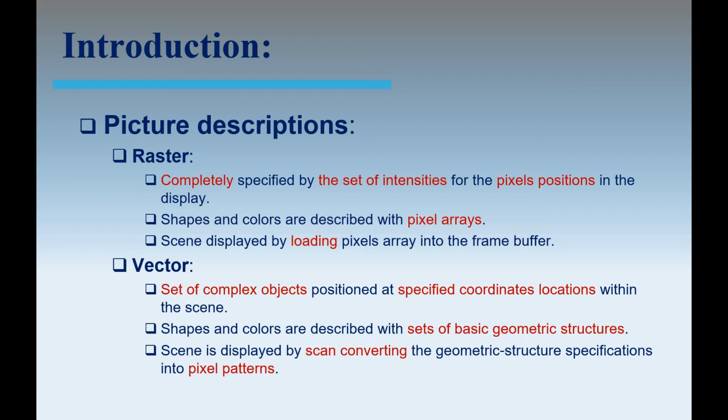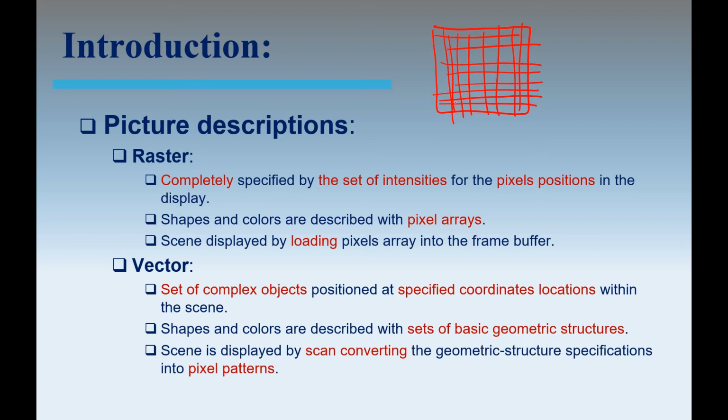So let us give an example of raster. In raster, as it is based on pixels, suppose we have a pixel array like this. This is a pixel array.